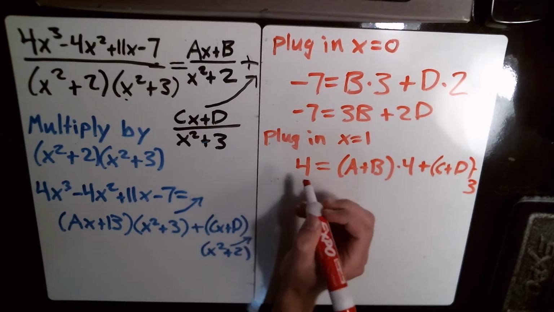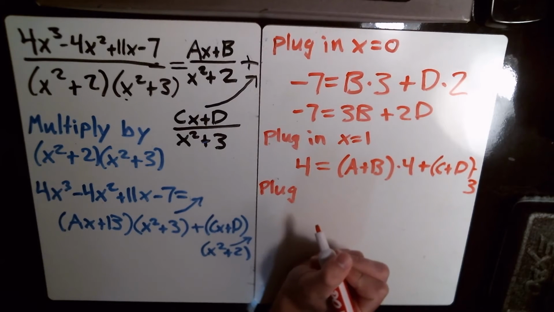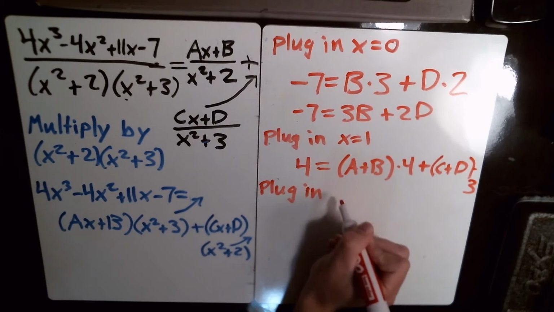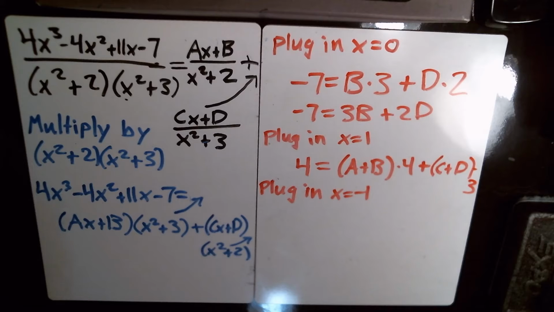So I'm going to do one more at least for a little bit, and then I think we might be able to get started on finding some stuff. So I'm going to plug in x as -1 in here. Okay.